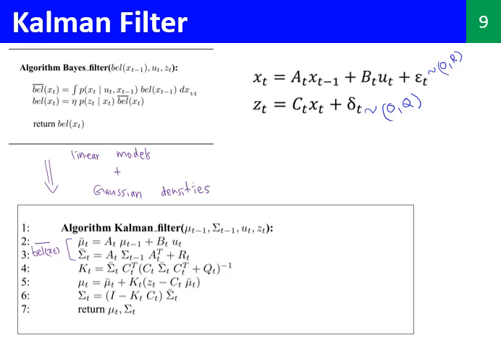Even though we are not going to derive the Kalman filter algorithm, it's not difficult to understand the expression for mu t bar. That is, if we look at line 2, and if we look at the linear dynamics in the state transition model, here we are trying to get a mean for the state transition.